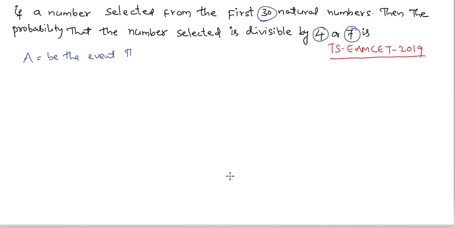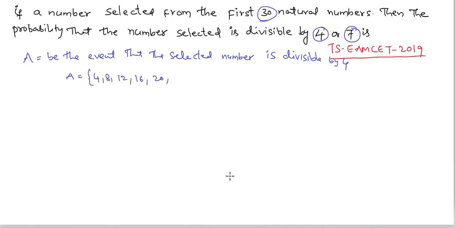Capital A is the event that the selected number is divisible by 4, so A is equal to 4, 8, 12, 16, 20, 24, 28. These are the numbers divisible by 4.